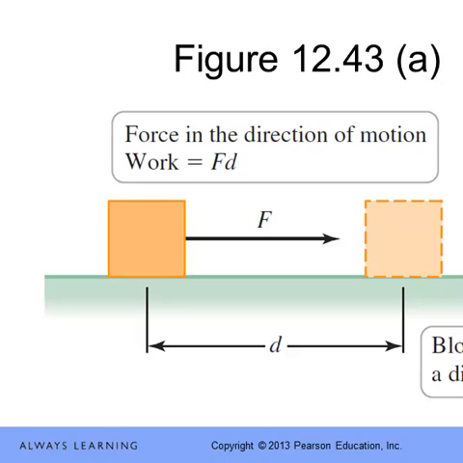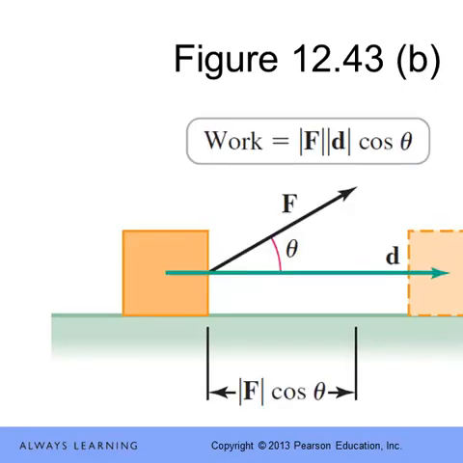Then we can take the magnitude of the force vector times the cosine of the angle between the force vector and the direction of travel. And then it's the magnitude of the force vector times the cosine of the angle times the magnitude of the direction vector that will give you the work.